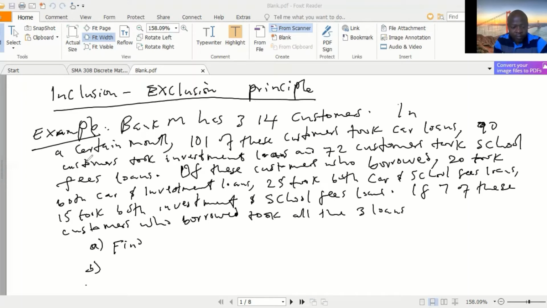Question C, draw a Venn diagram to represent the above information.